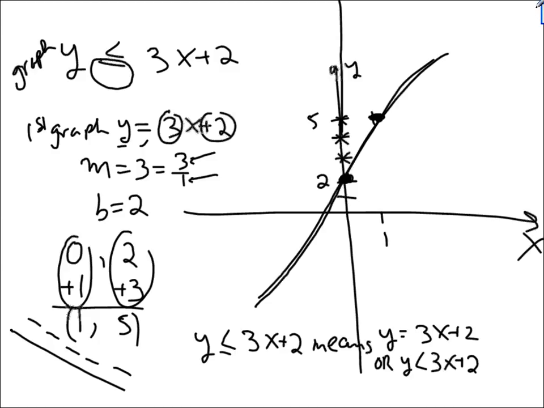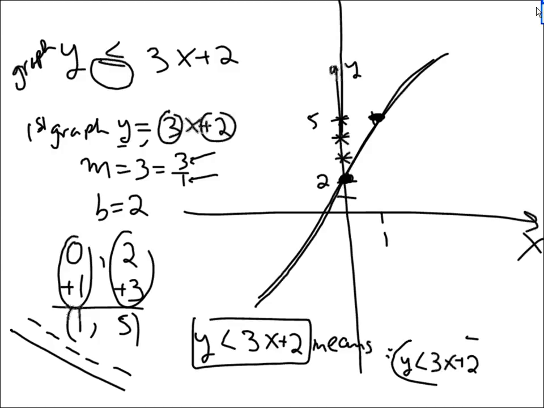Now, if it didn't have the equal sign, then you would just have that y is less than 3x plus 2. I know I'm repeating myself, but this means just this. It doesn't mean y can equal 3x plus 2. So there's no point in highlighting the line y equals 3x plus 2, because you're not allowed to equal that anyways.